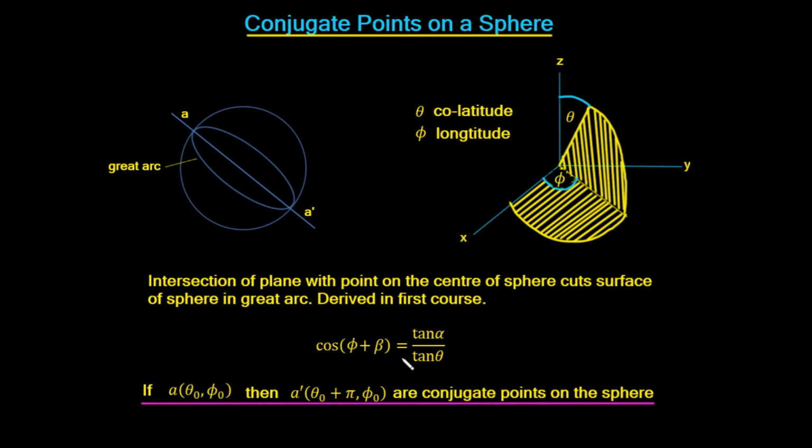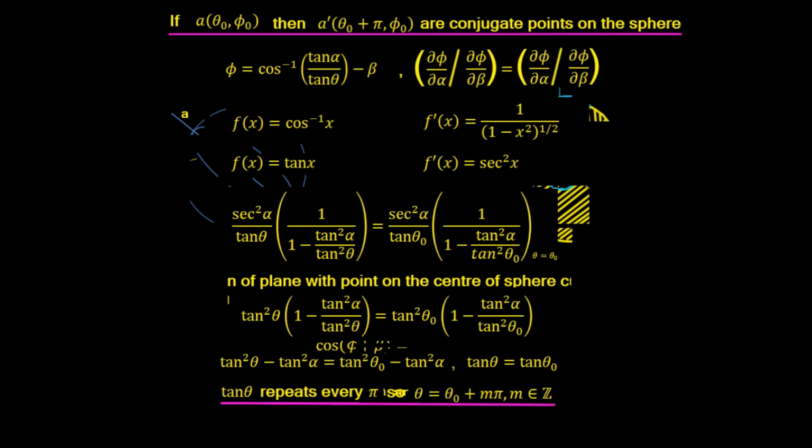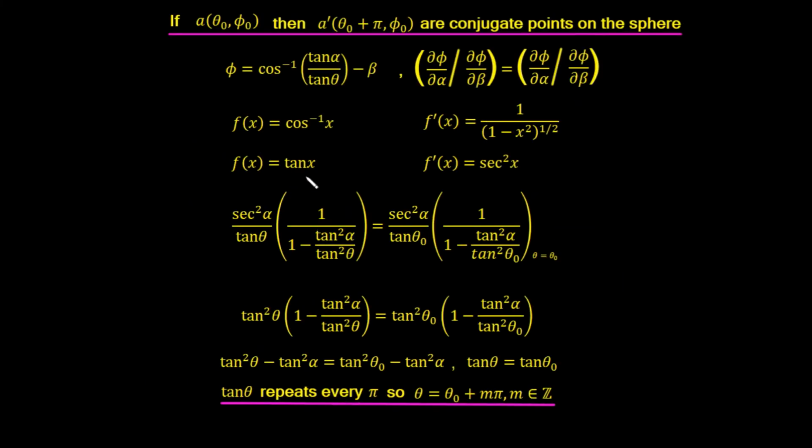So we take the inverse of this and the inverse of this, and then we shuffle the beta across to the other side. So we're just going to be left with this function here.